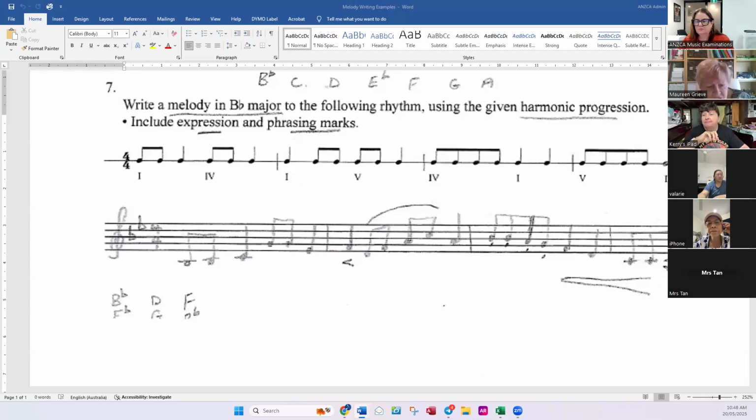Same thing with bar 2. The second G could have been an F passing note, G, F down to E flat as a note of the 4 chord. Now, I do not like bar 2 at all.